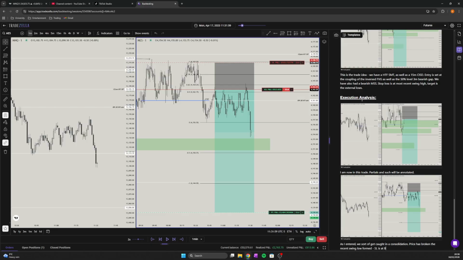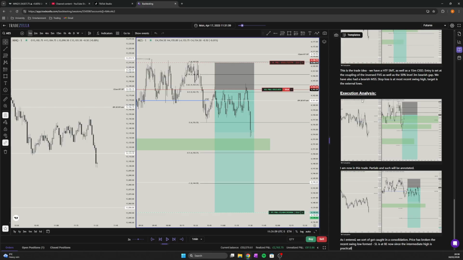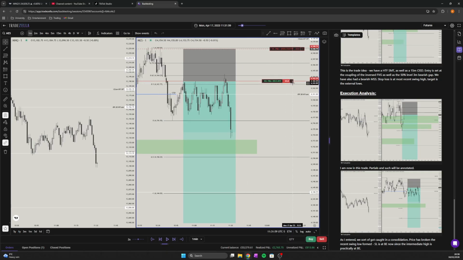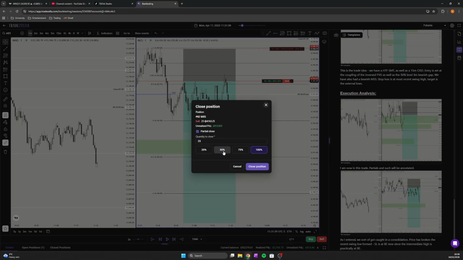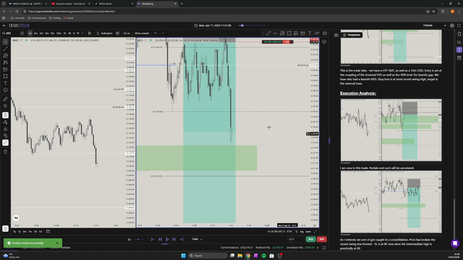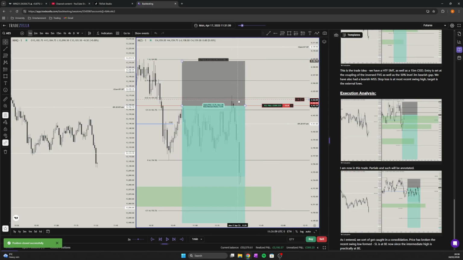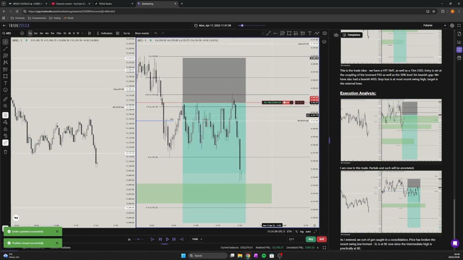SL is at break even now, since the intermediate high is practically at break even. Why risk losing the extra percentage? I'd rather just get broken out, if it comes to that. So let's take off 12. And there we go.